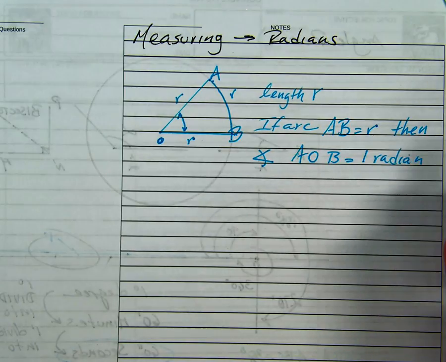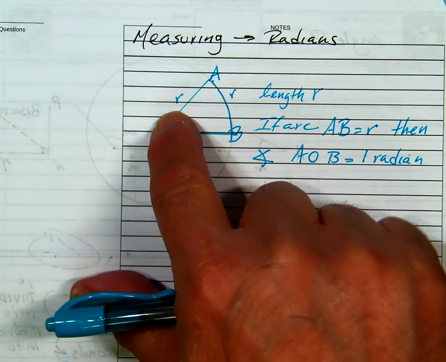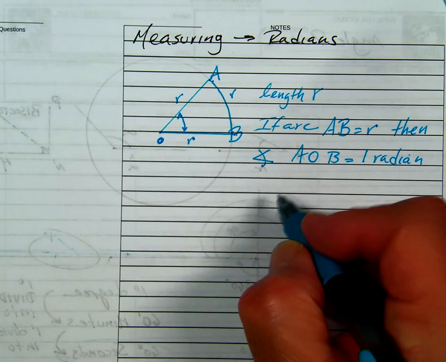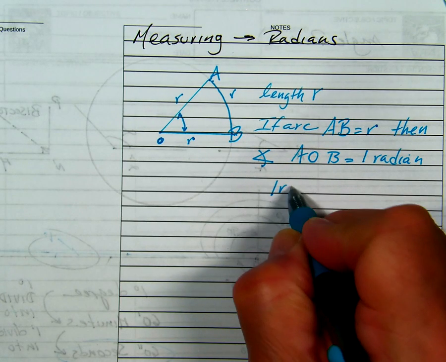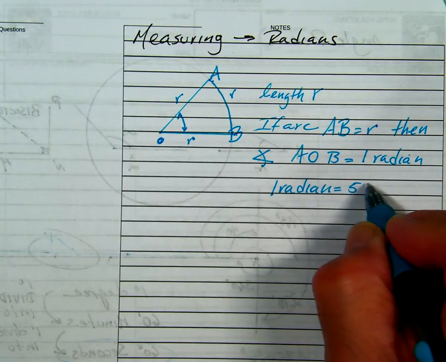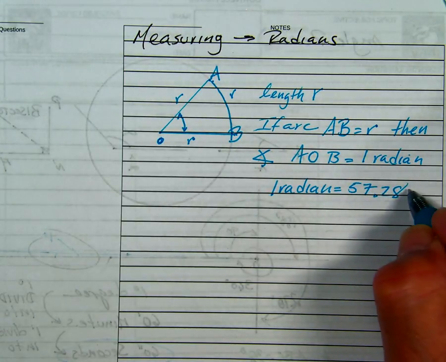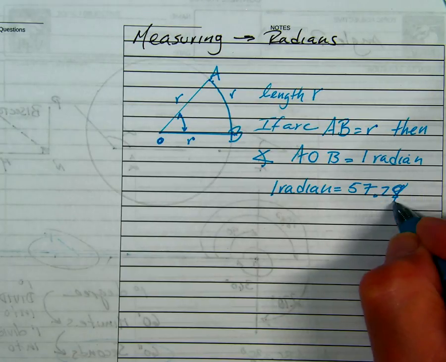Okay? So now the approximation of 1 radian is 1 radian is equal to 57.2958 degrees.